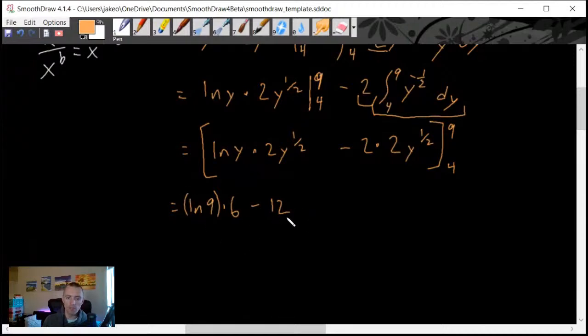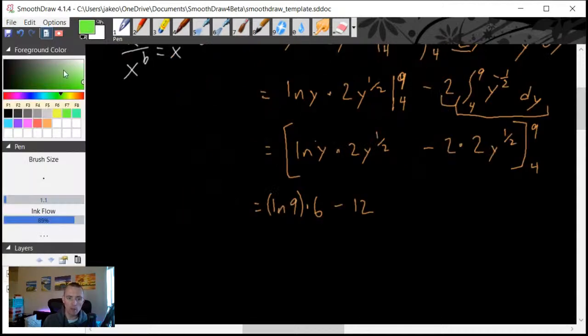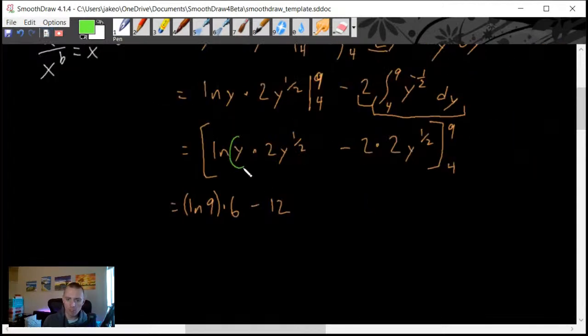Okay, so this is what we got from plugging in 9, basically. All we did is go to wherever we see a y, which is here, here, and here, and replace it with a 9. And doing that leaves us with ln of 9 times 6, all minus 12. Okay, then we need to minus whatever we get from plugging in 4 into all of our y's.